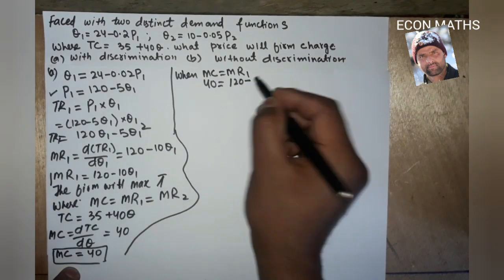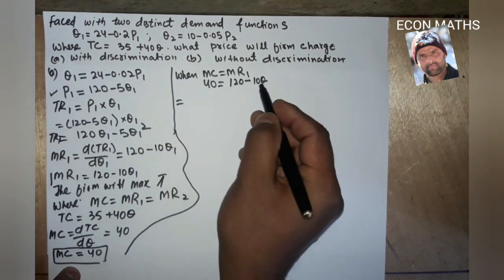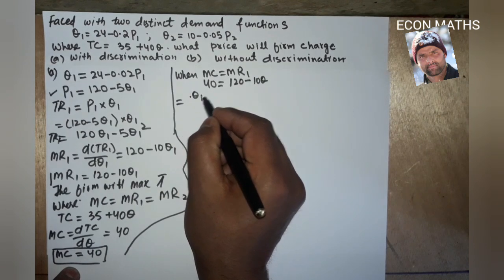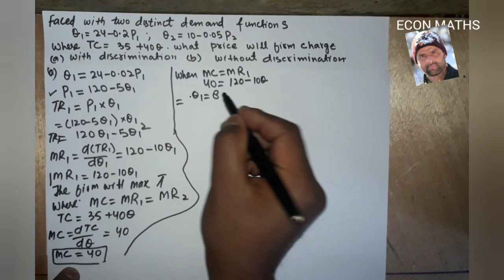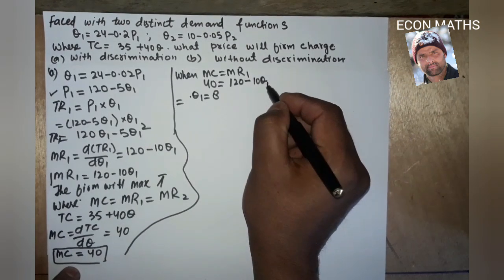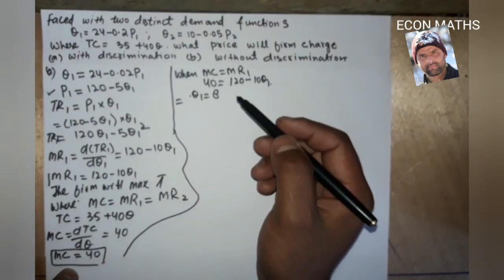Solving this for Q, we will get the value of Q equal to 8. You will see how I have solved this for Q1. Because of the lack of space, I will write it directly here.